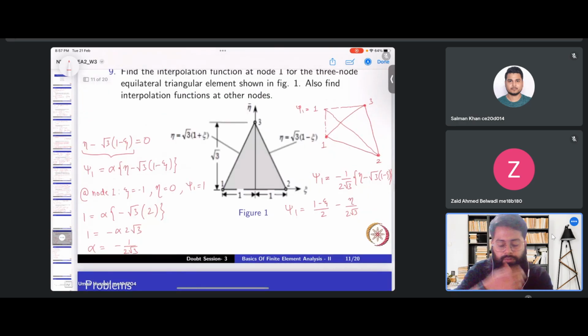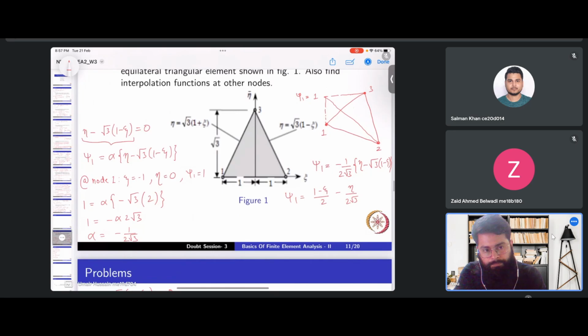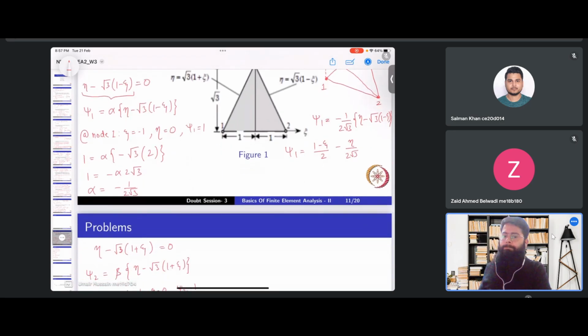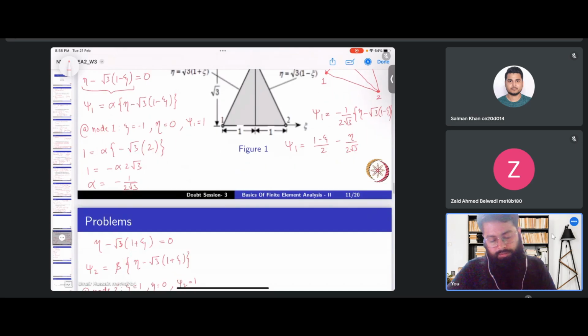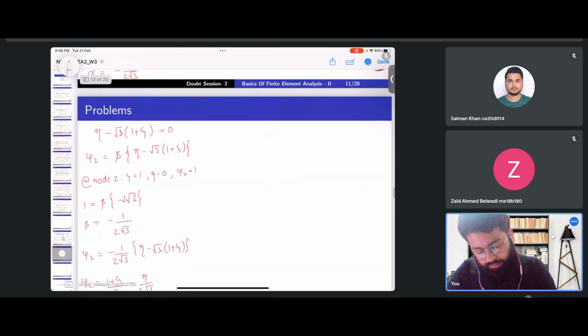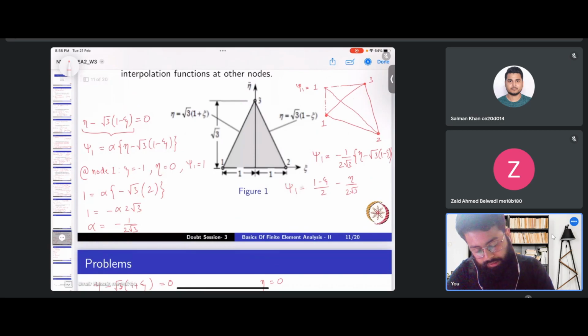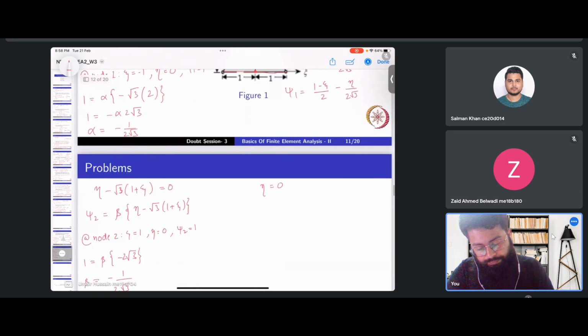It's not given in the question. Anyone? So it's eta equals 0. We have the origin here, at this point. So this line 1 2 is eta equals 0.